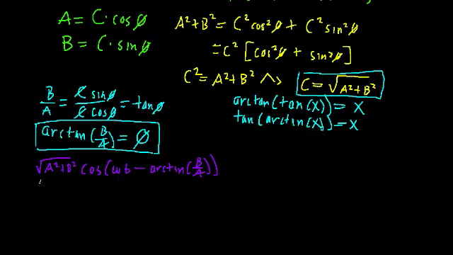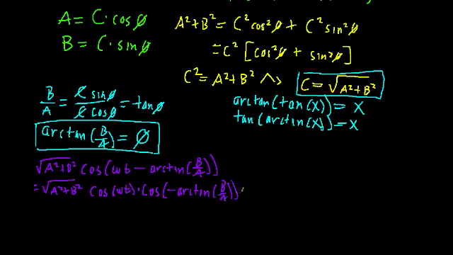So we get that this is equal to the square root of A squared plus B squared times cosine omega t times cosine of negative arctan of B divided by A, minus, now I'm just going to distribute out this root term, radical A squared plus B squared times sine omega t times sine of negative arctan of B divided by A.